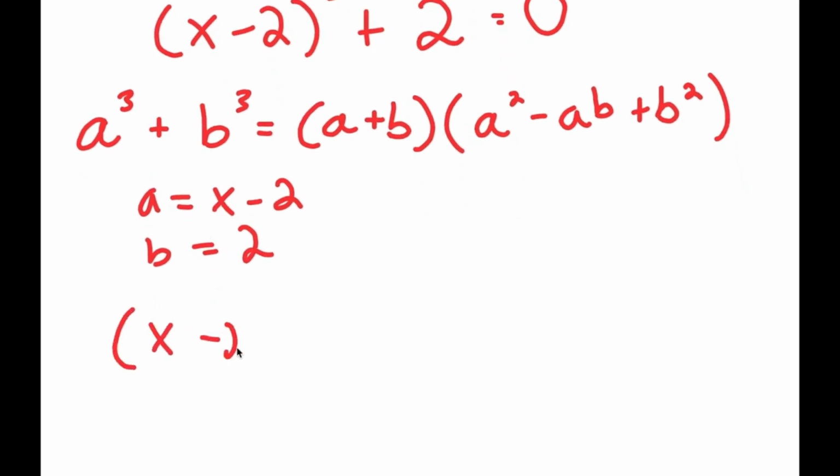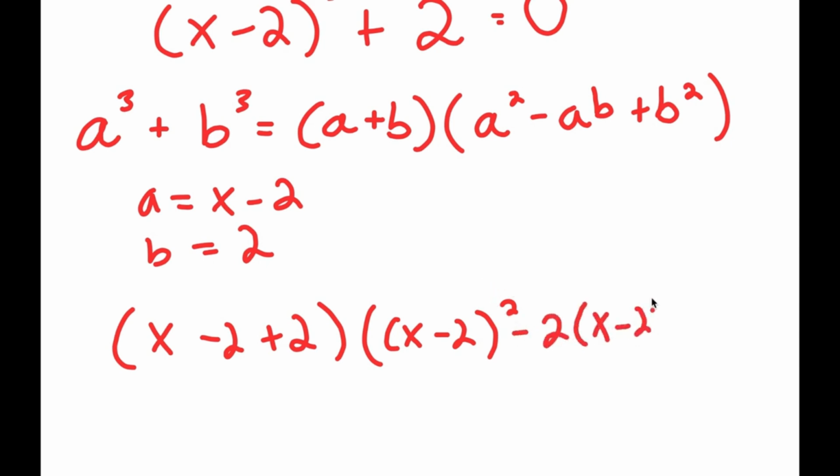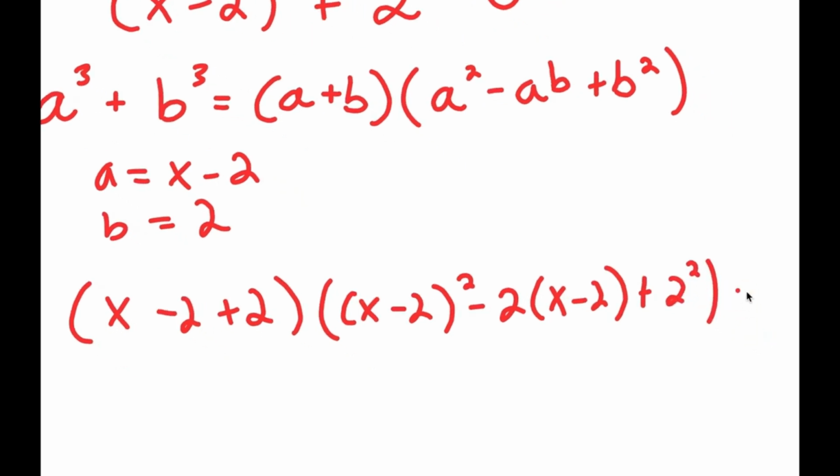So I get (x minus 2 plus 2) times ((x minus 2) squared minus 2 times (x minus 2) plus 2 squared), and this is equal to 0.